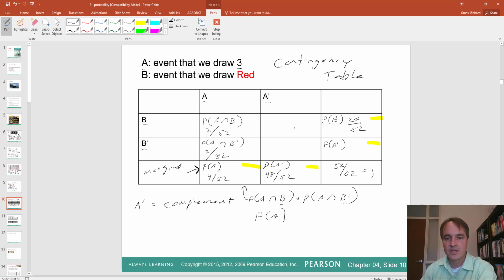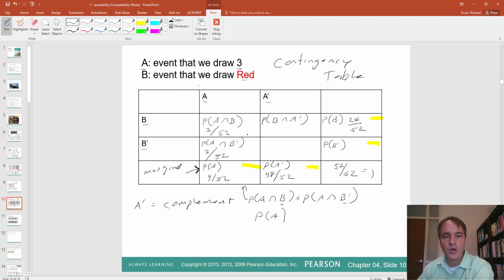So we can take a shortcut to the calculation of not A and B. Because we're going to go row wise, let's just say, the probability of B and not A. So that means the probability that it's red and not a 3.